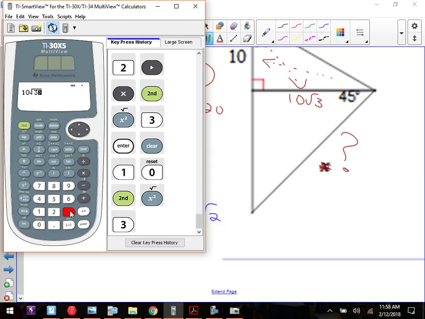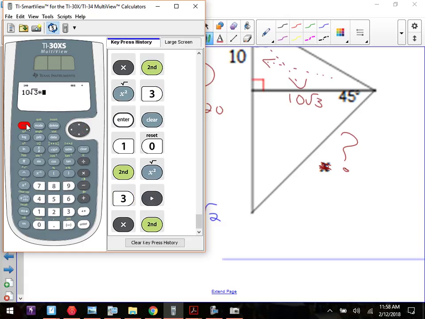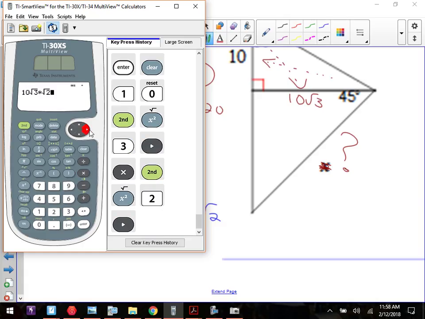I have to make sure I hit the right arrow to get out from underneath it before I hit the times root 2. That's a common mistake. Just be careful with that. Just watch what you're doing. You get 10 root 6. Not terrible. And that's what we're looking at today. Just adding that one extra piece to it.